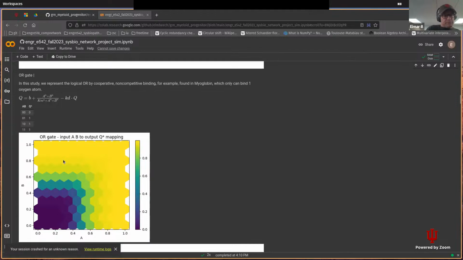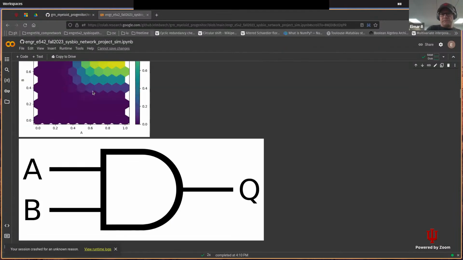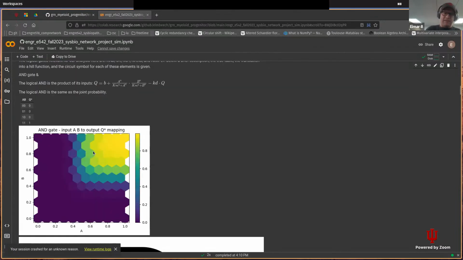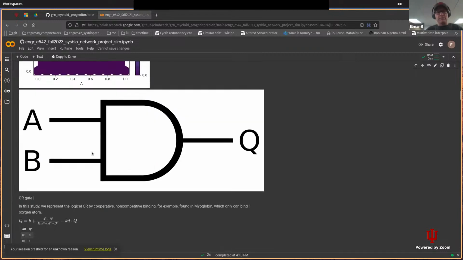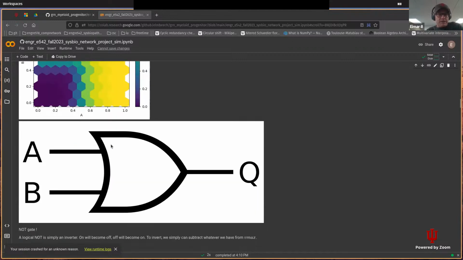But I have chosen this one, especially because when you plot the other one, you will see that in this hex plot you don't get this nice square that we get, that is kind of the opposite of the AND square. And as I want to translate the model, I thought it's better to have really similar kinds of gates. So this is the ANSI symbol for the OR gate that is used in electronics.